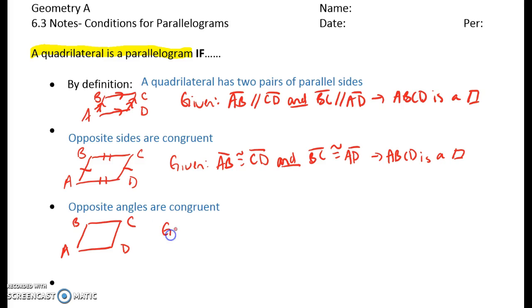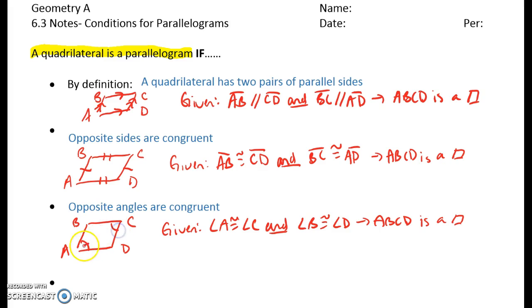Well, if we know that the opposite angles are congruent, so angle A is congruent to angle C, and angle B is congruent to angle D, then we can say ABCD is a parallelogram. Right? So again, opposite angles, both pairs. Remember, you always need 2 things to prove this parallelogram.